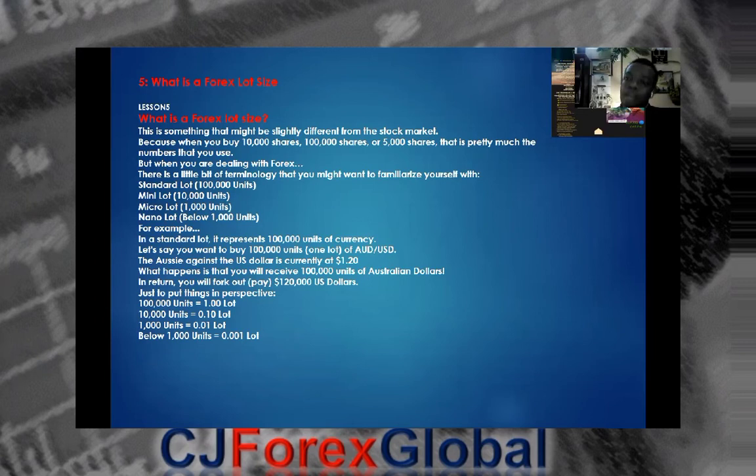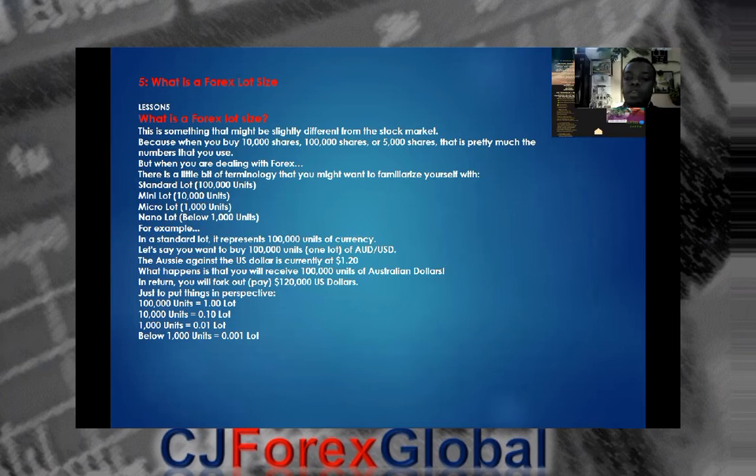And on this standard lot size, remember we talked about pips. A pip on one standard lot size is $10. That's if the market goes against you, $10. If it goes in your direction, it is $10.